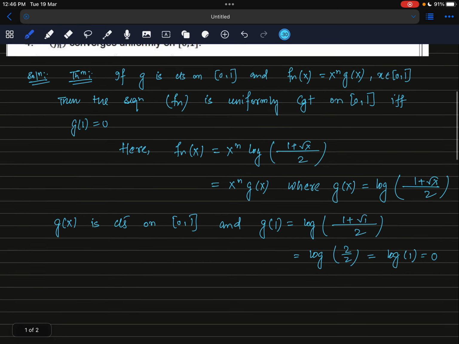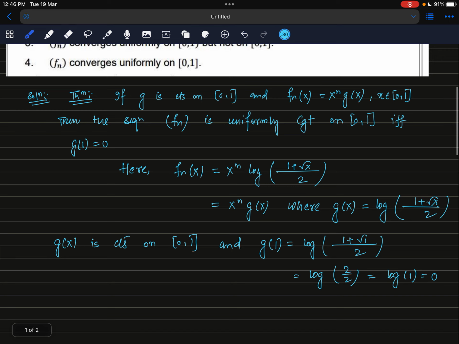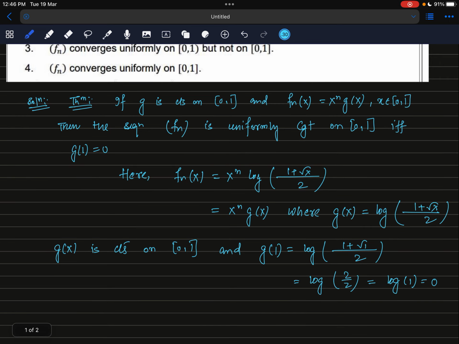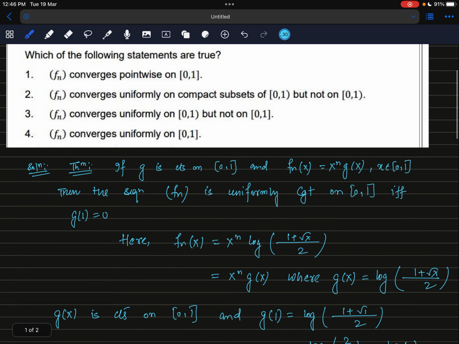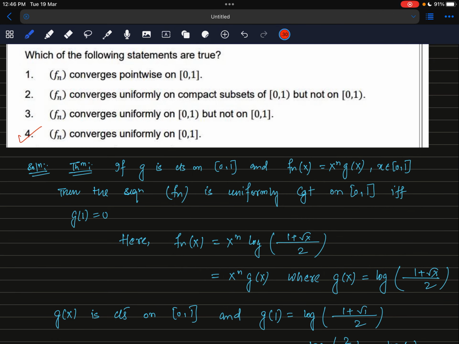So by using the above theorem we can say f_n is uniformly convergent on the closed interval [0,1]. So option 4 is true: f_n converges uniformly on [0,1]. Option 1 is also true since it is uniformly convergent, so obviously it is pointwise convergent, and options 2 and 3 are false.